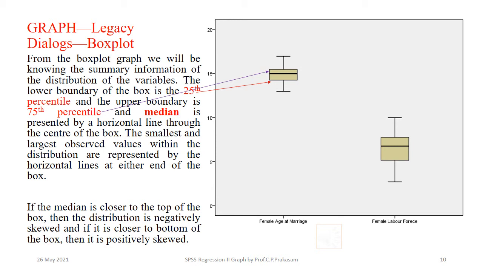If the median is closer to the top of the box, then the distribution is negatively skewed, and if it is closer to the bottom of the box, then it is positively skewed. That will give some explanation about the distribution.